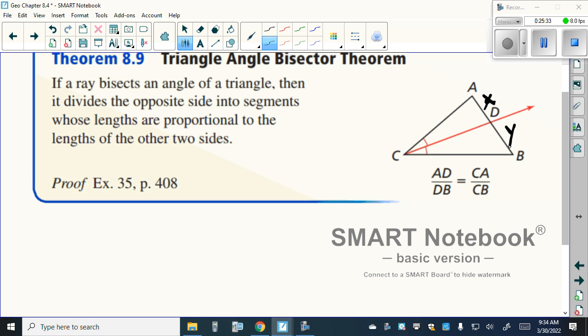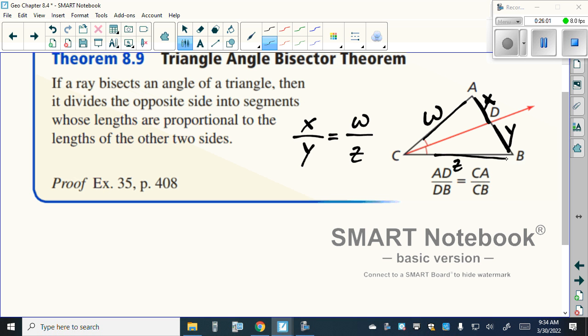You can say X over Y is equal to W over Z. This side over this side is equal to this length over this length.